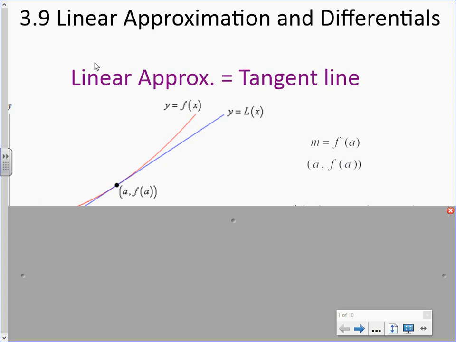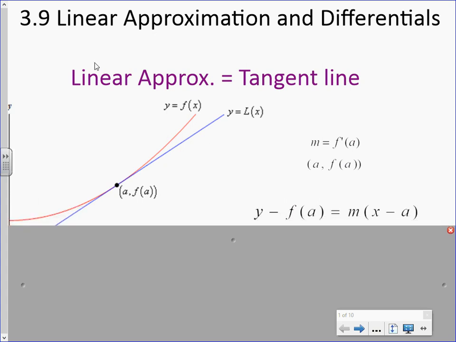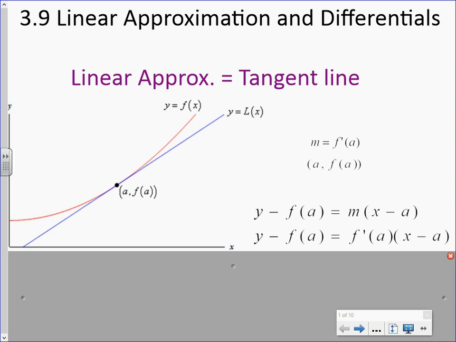Okay, this is like one of the first things we did, right? Now, if I wanted to write the tangent line equation, we've been using point slope form. y minus the y value, in this case f of a, equals slope times x minus a. All right. Well, using our derivative, we know that our slope is really f prime of a.